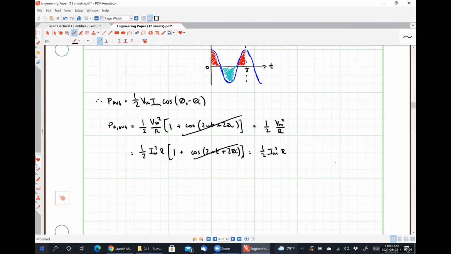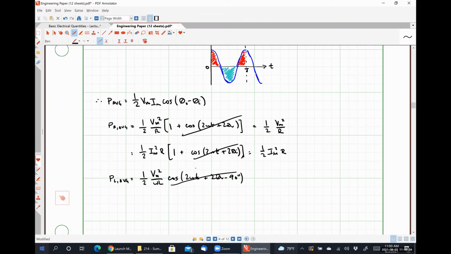What if we have an inductor? Would it not be 1/2 VM squared over omega L? It would not be. So we'd have 1/2 VM squared over omega L times the cosine of twice omega t plus twice theta V minus 90 degrees.